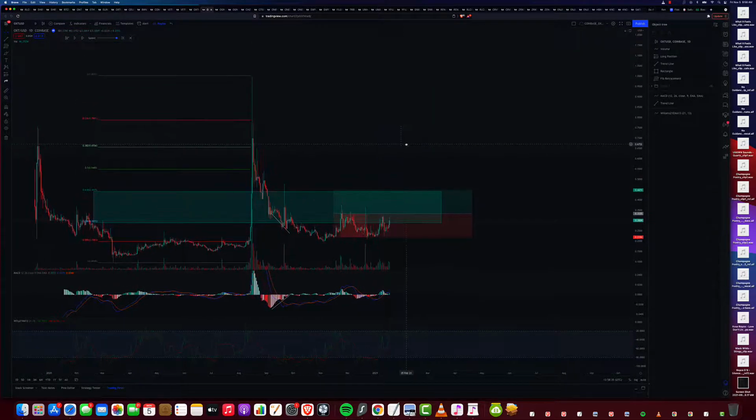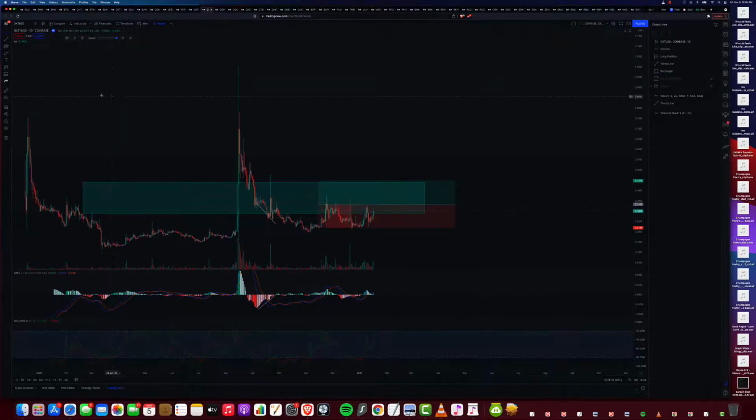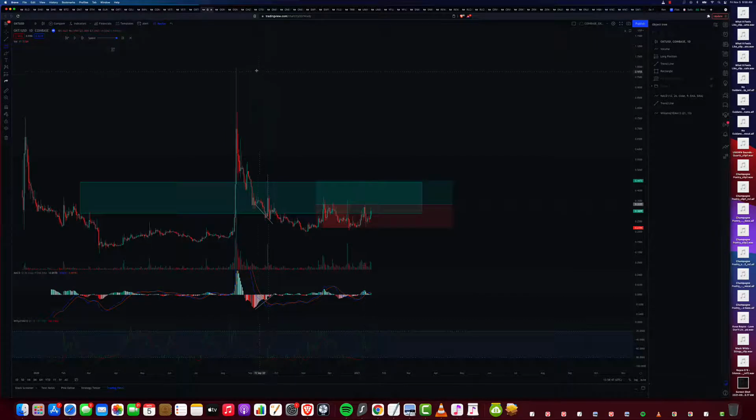All right. Let's hide this for right now. So now we use the fib retracement tool in reverse. We go from the peak down to where it bottomed out at.